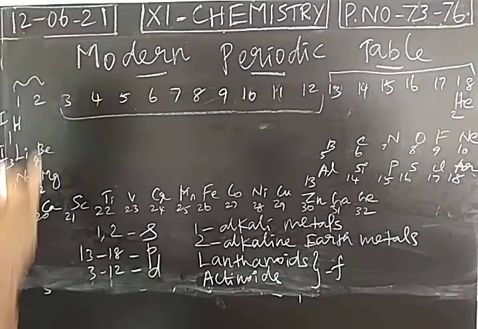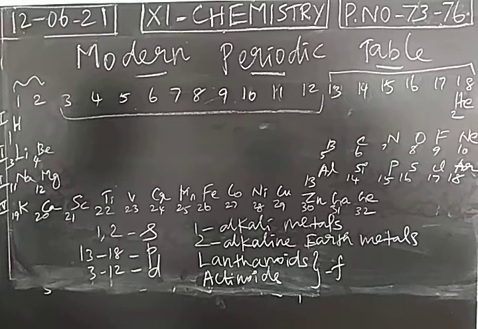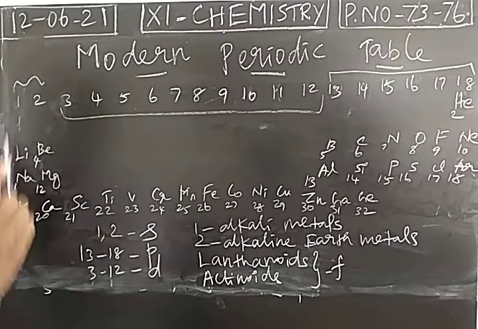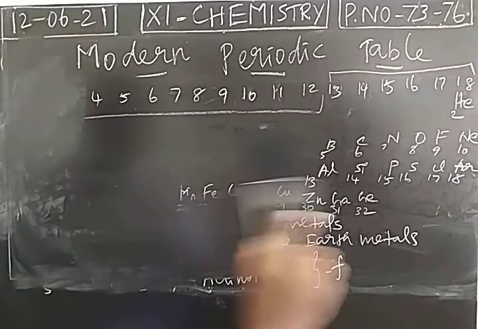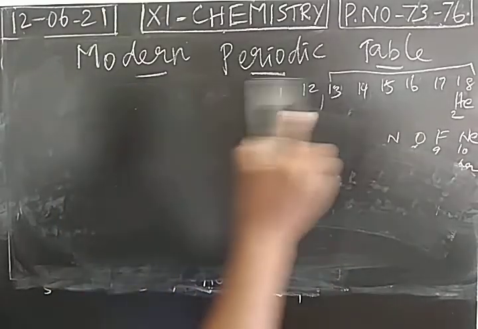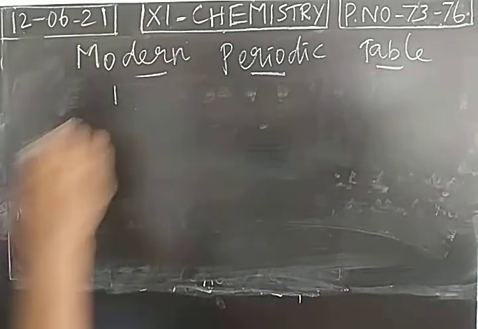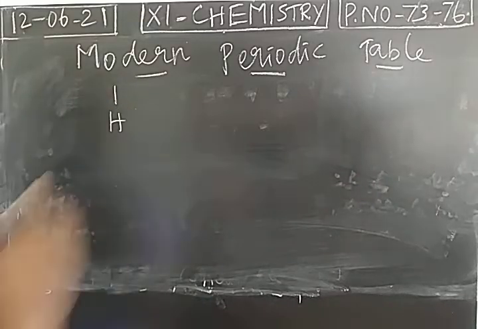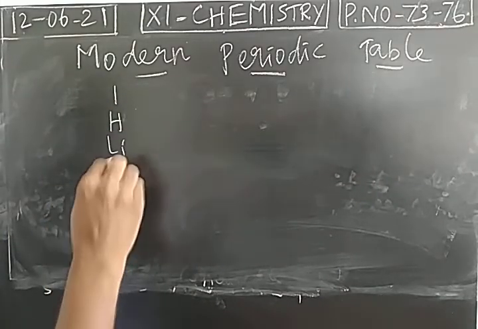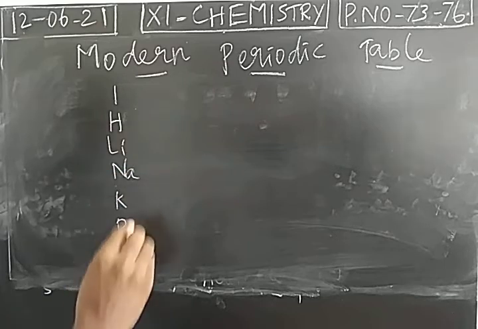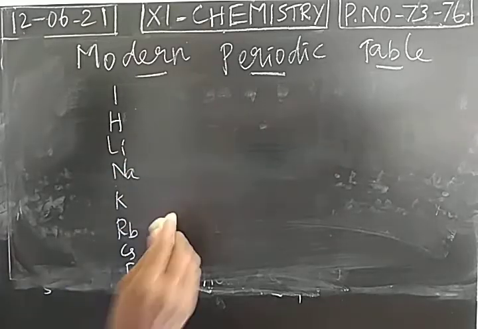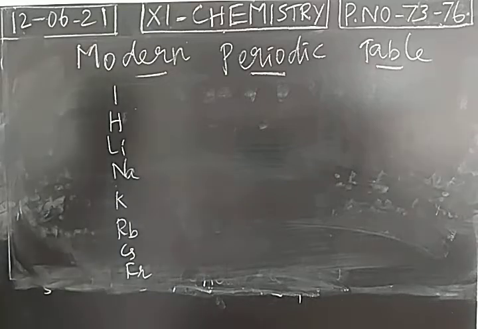And when you check the electronic configuration of elements in one group, it will be the same. So we can say the modern periodic table is constructed based on electronic configuration. When you take first group elements, hydrogen, lithium, sodium, potassium, rubidium, cesium, francium, the outermost electronic configuration will be the same.